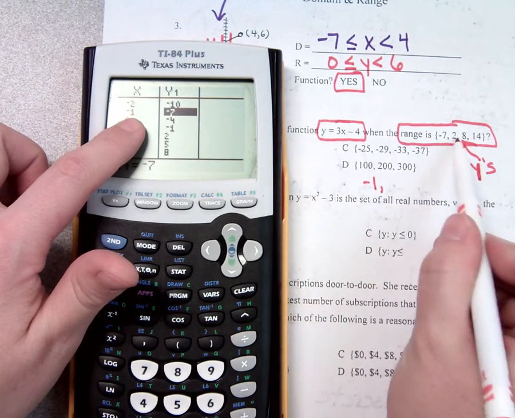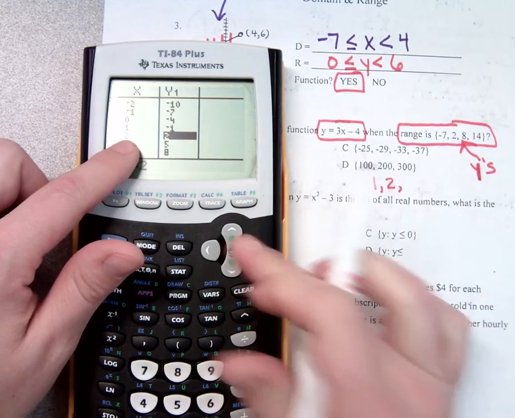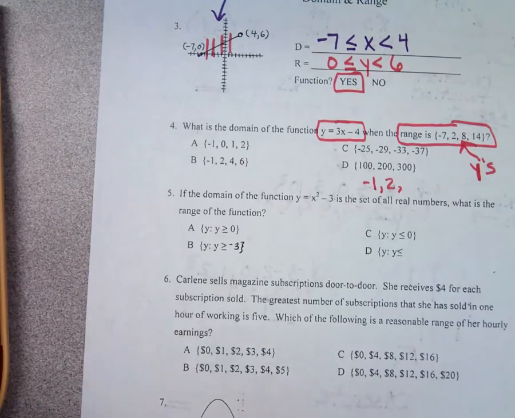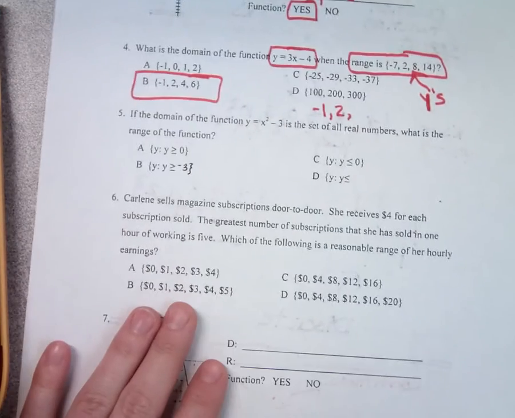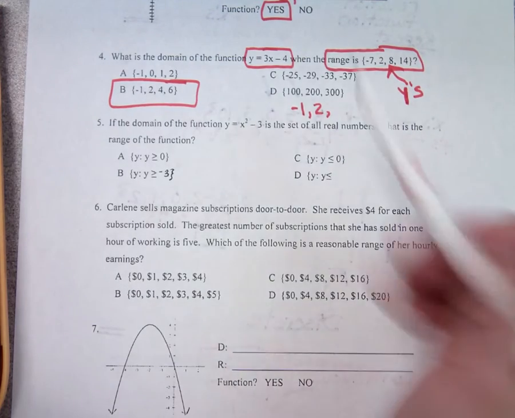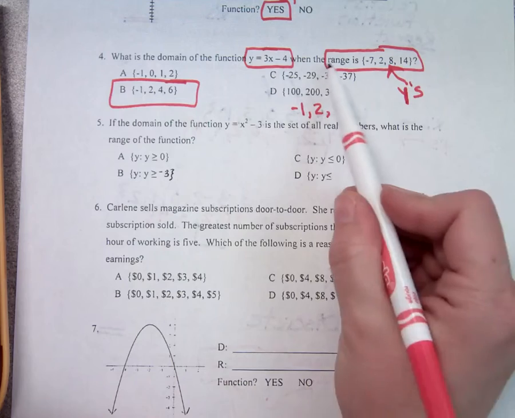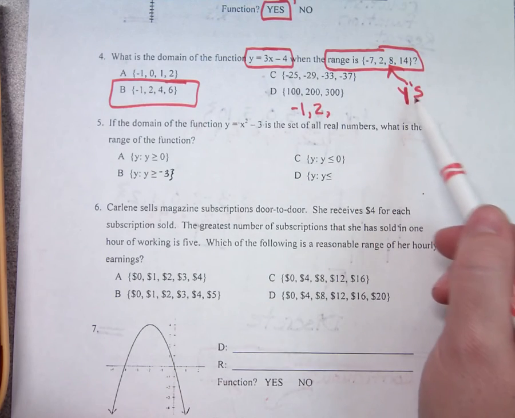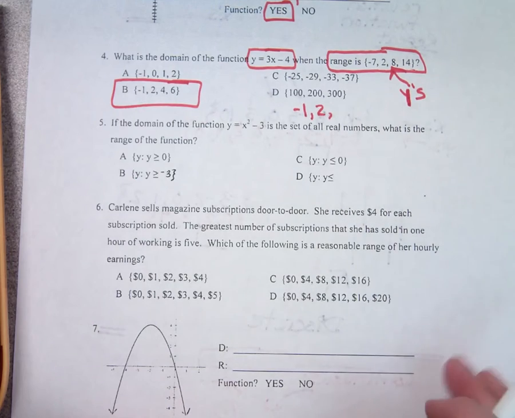Okay, when you see 2 in the y column, what's the x that goes with it? 2. And do you see the answer? B. So real easy way of doing domain and range, if you just put that in the y equals and go to the table. So since it gave me the range, I had to look for those in the y's. If it would have given me the domain, I would have looked for those in the x's.